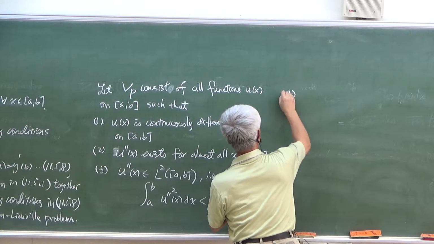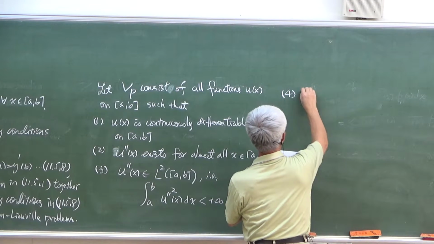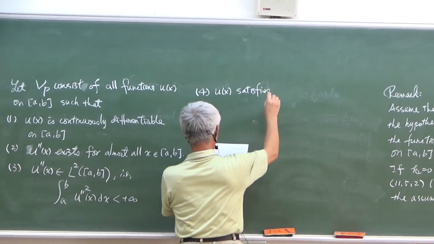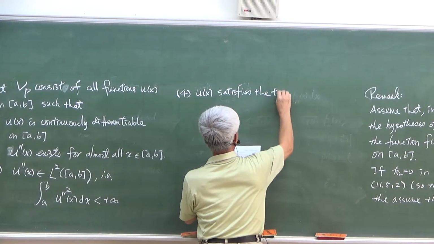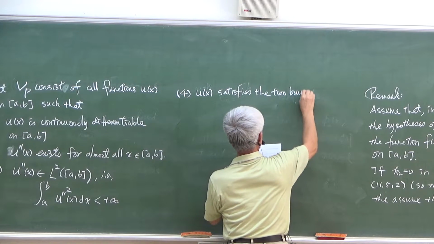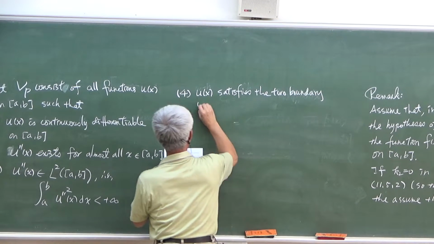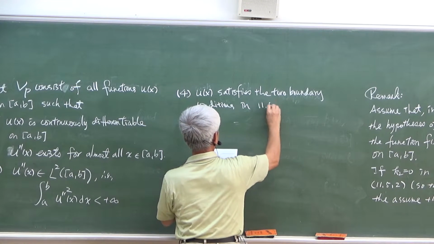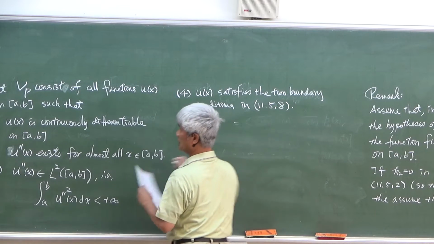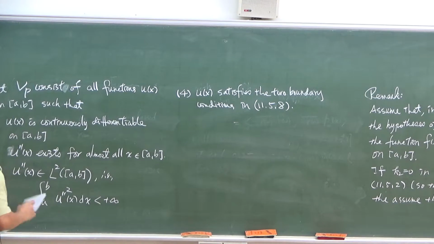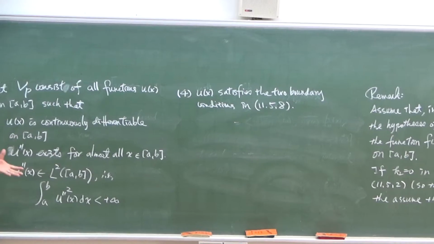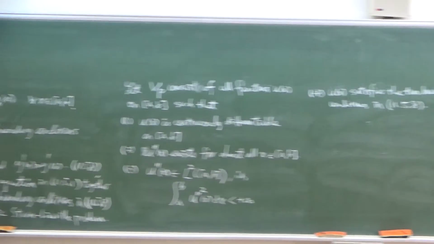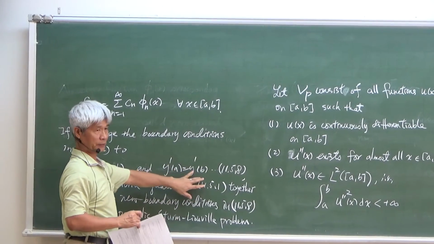Or, four, u of x satisfies the two boundary conditions in 11.5.8 here. Okay, so to repeat, P means periodic because the boundary conditions are periodic. u(a) is equal to u(b), and u prime (a) equal to u prime (b).